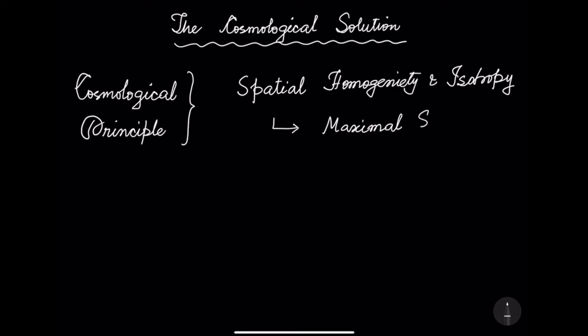Once you assume this, the metric becomes a lot simpler, and this metric goes by the name of Friedmann, Robertson, Walker, and Lemaitre.